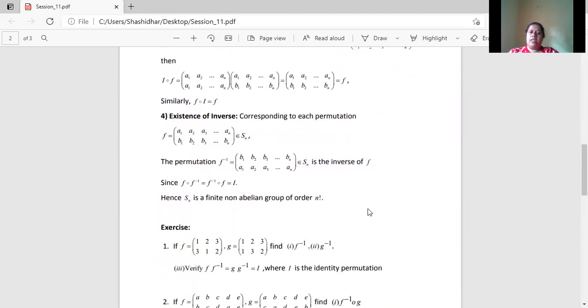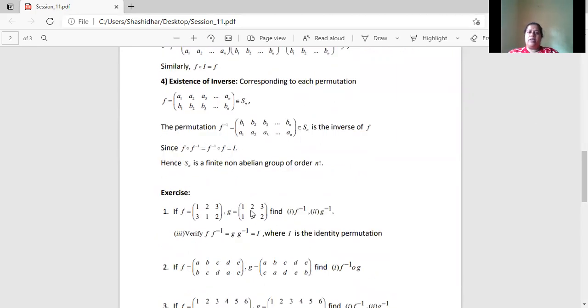Therefore, we can say that Sn is a finite non-abelian group of order n factorial, that is, Sn, the symmetric set, forms a group with the binary composition, the composition of two permutations. This is the proof of the theorem.